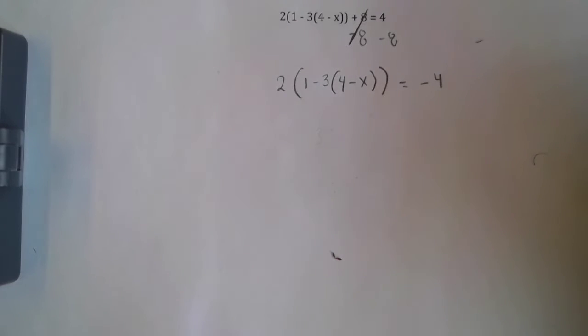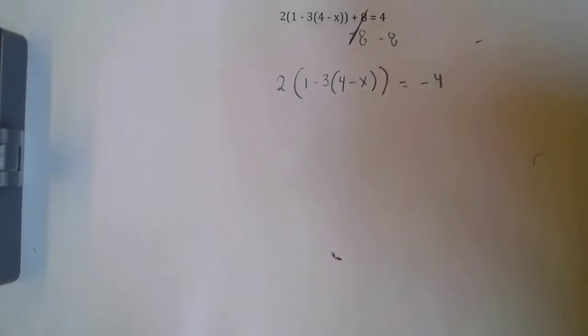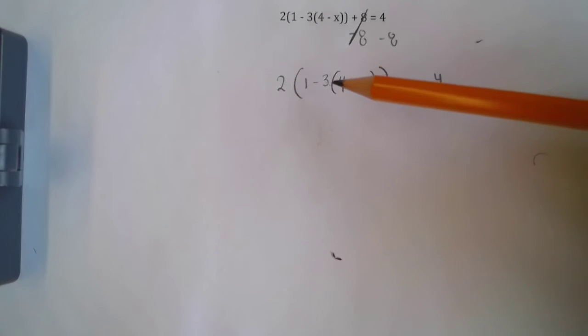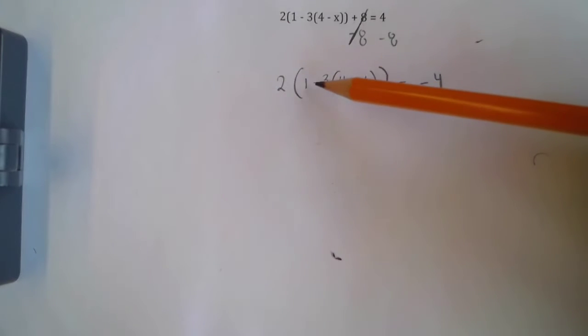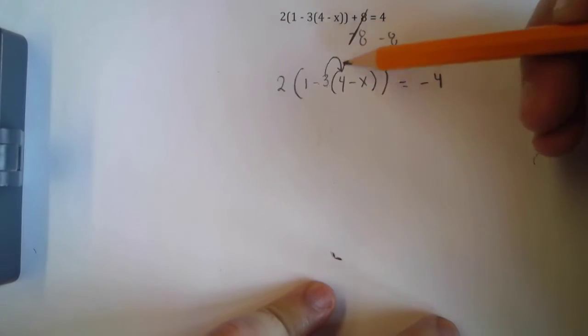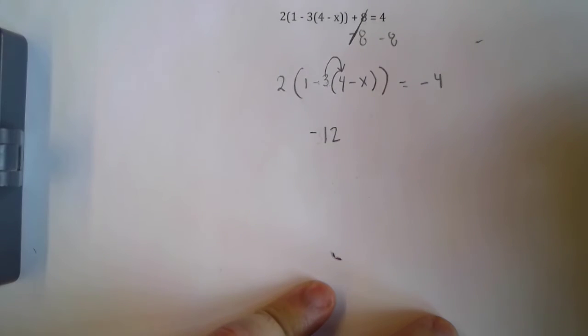For this problem, I'm actually going to get started with distributing this 3, or as some might see it, a negative 3. The most important part here is to understand that whatever I am multiplying this coefficient of 3 by, I have to subtract it. In other words, if I am doing 3 times 4, which is 12, I am subtracting that 12.